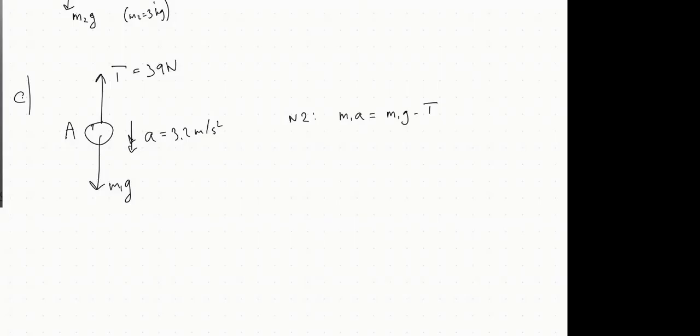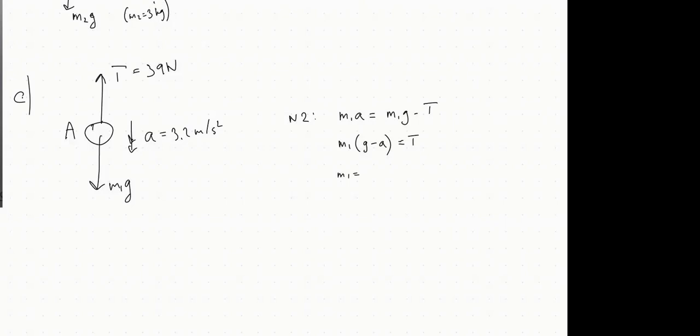And what are we looking for? Oh, we're looking for M1. M1, open bracket, G minus A, is equal to tension. I'm just rearranging it. And here you have M1.